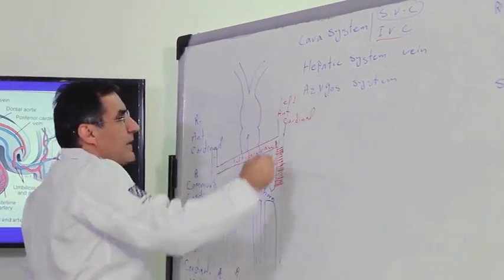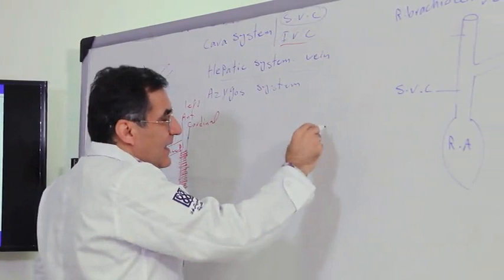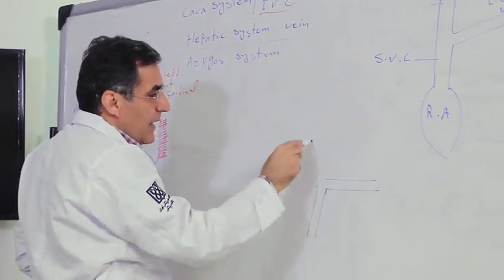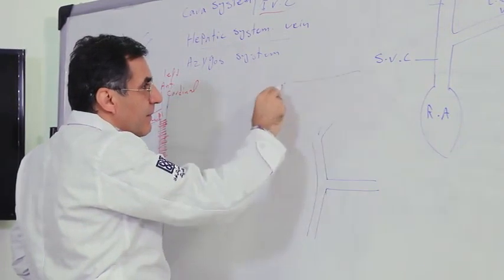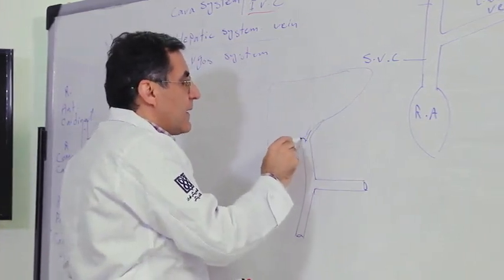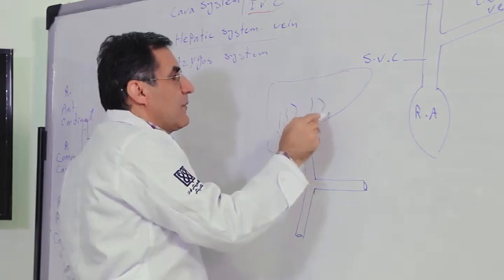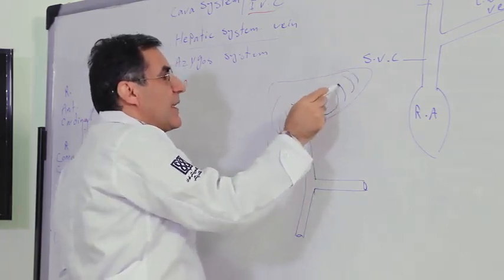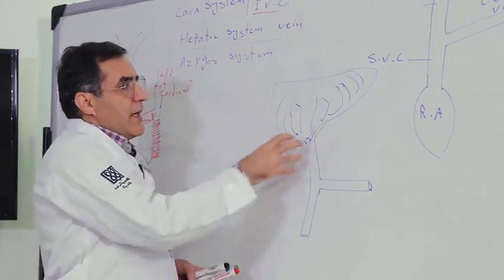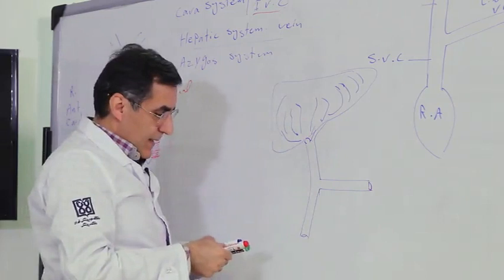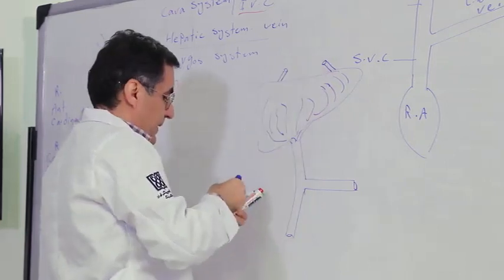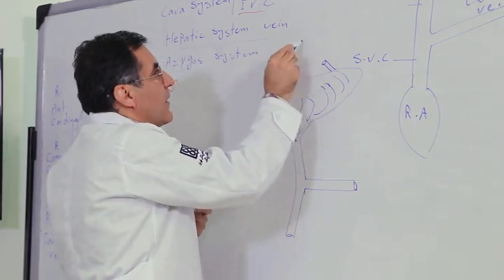But the hepatic system, as you know: the blood absorbed by the GI tract first of all comes to the liver, and after the exchange between the hepatocytes, nutrients like amino acids, fatty acids, and carbohydrates are stored in the hepatocyte cells, and the blood that exits from the liver is drained to the IVC.